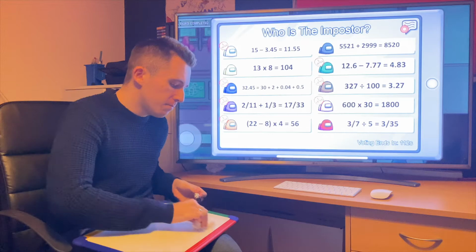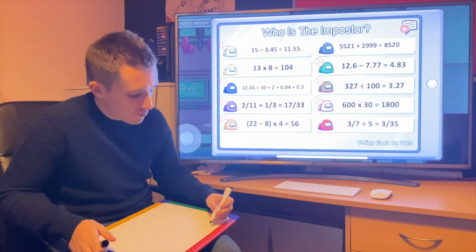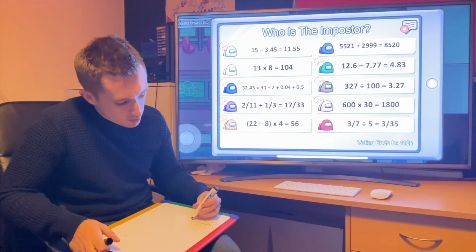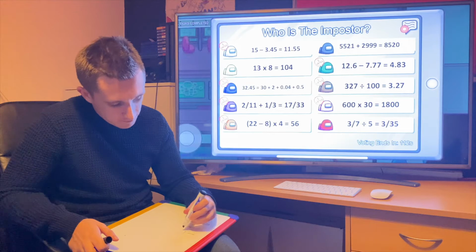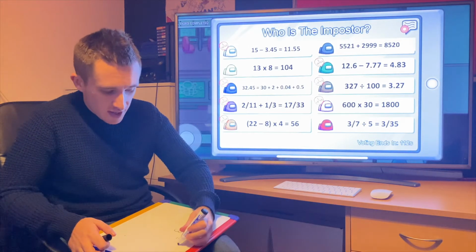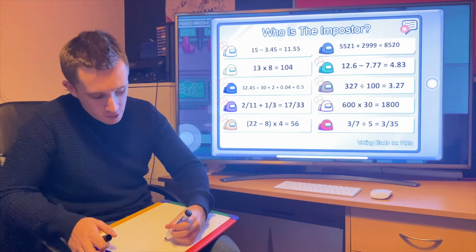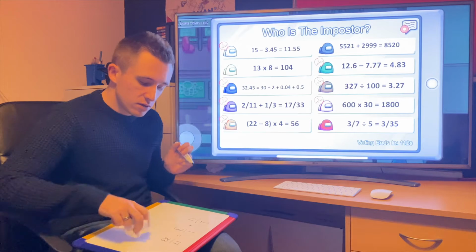Next one is purple. Purple says 2 over 11 add 1 over 3 equals 17 over 33. Okay, so let's check if that's correct.